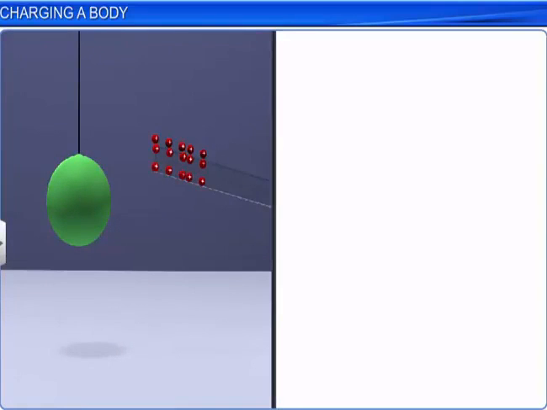Let us assume that initially glass has a deficit, Ng, of 200 electrons. Using the quantization of charge principle, that is, Q is equal to Ne, we see that the charge on the glass is Qg equal to plus 200e.